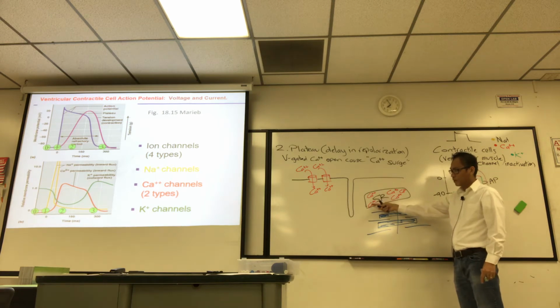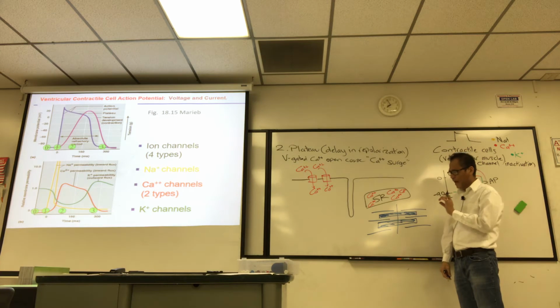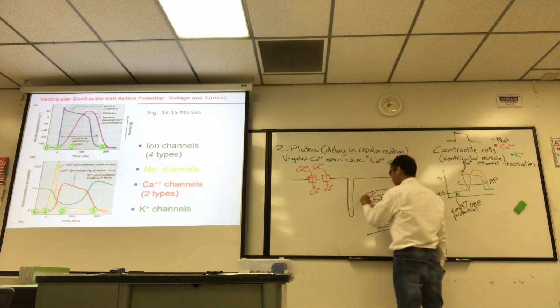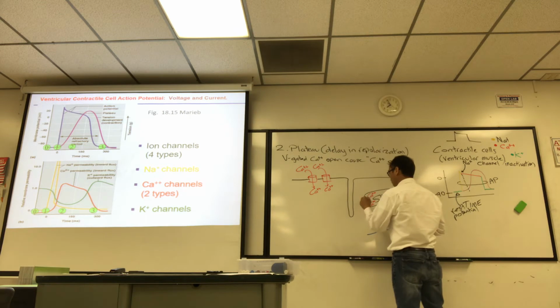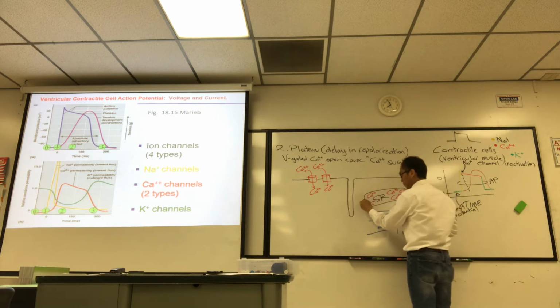Now there are different names, but there's a voltage, there's a calcium-sensitive channel that opens this sarcoplasmic reticulum. So let me draw a little channel in here. How about I just draw something to symbolize some kind of gate that can open.